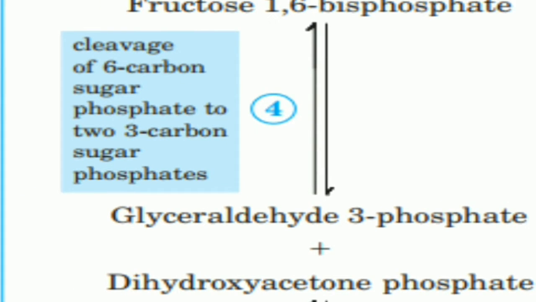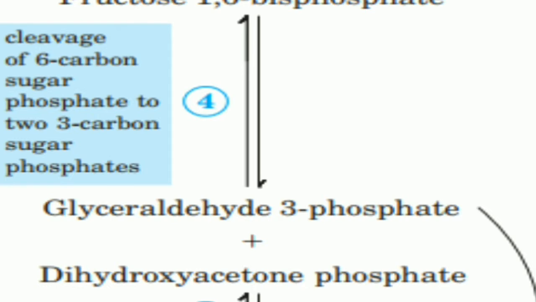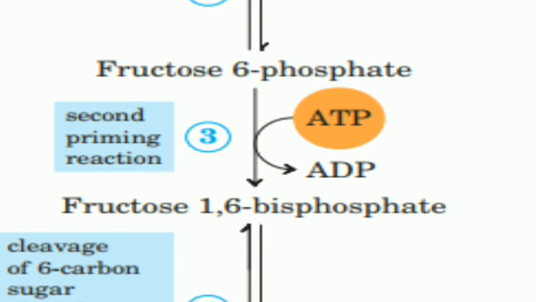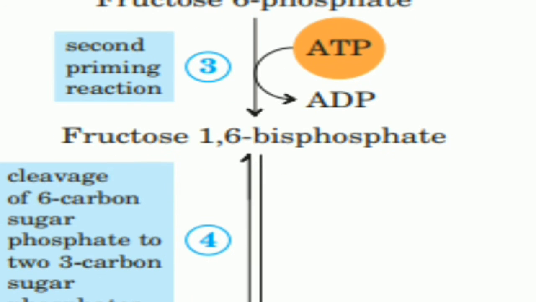Fructose 1,6 bisphosphate is a 6 carbon sugar. Glucose 6 phosphate is a 6 carbon sugar, fructose 6 phosphate is a 6 carbon sugar, and fructose 1,6 bisphosphate is also a 6 carbon sugar.